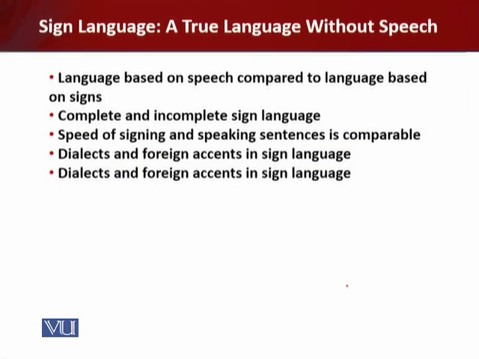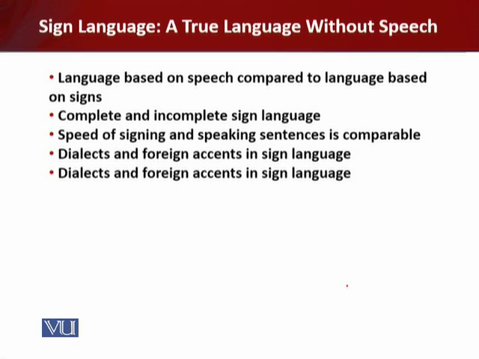So in terms of comparison, we can see that they are compared to language based on sign. Now we see that signing involves light and speech involves sound. But a particular physical mode is not an essential aspect of language.